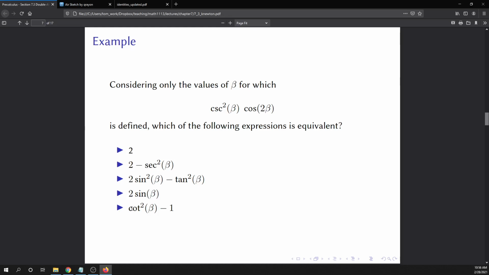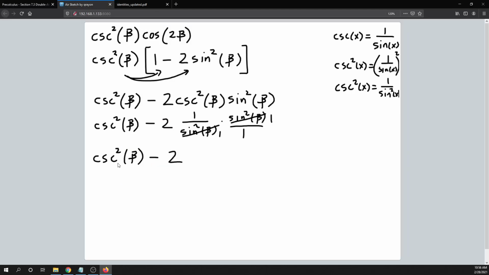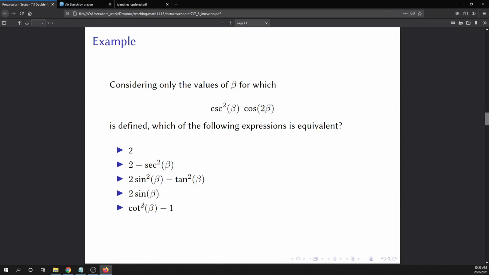This one also looks pretty similar. I have cotangent squared beta minus 1. I just have a 2 instead of a 1, so that ruins that one. But of those, these two definitely look the most like what I've got. So I want to think about how I would change this cosecant squared beta into either a secant squared or cotangent squared.